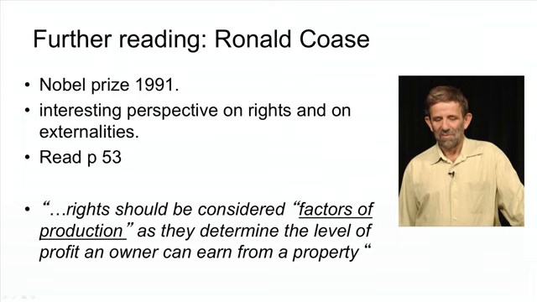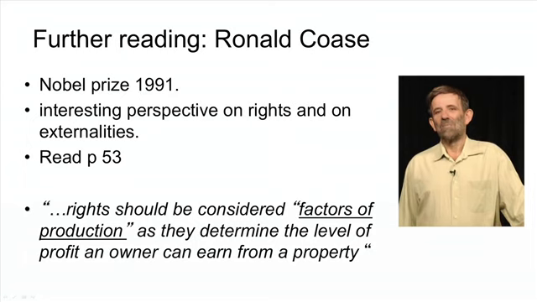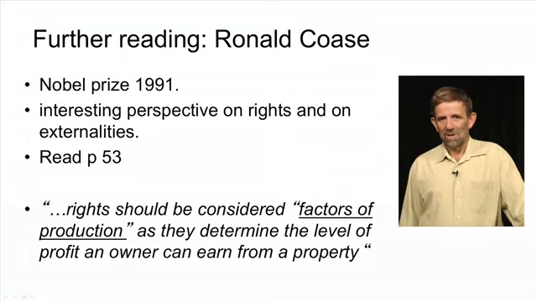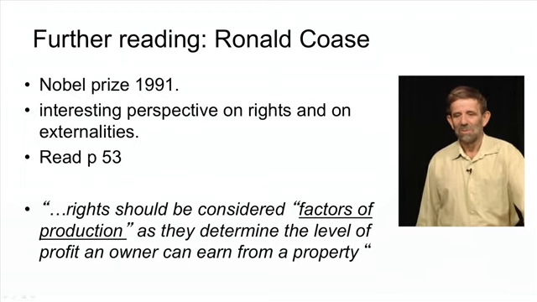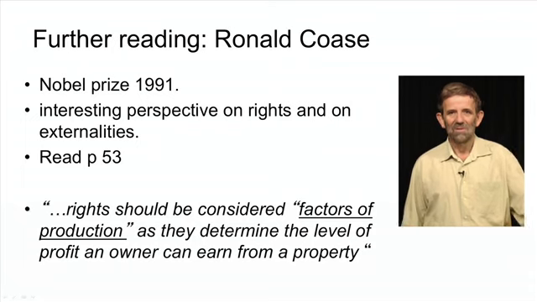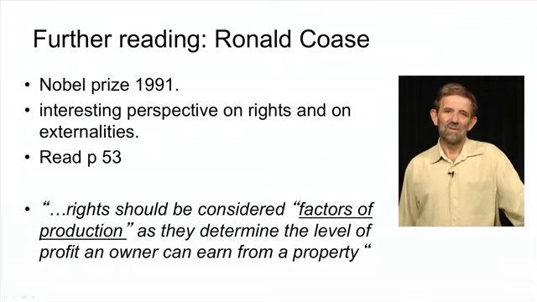They determine the level of profit an owner can get from a piece of property. And there is a fascinating discussion about a case where a piece of property is shared between a medical doctor and the owner of the house, who makes sugar, and he also makes a big noise when he makes the sugar, or makes sweets, cookies or something. He's a confectioner.